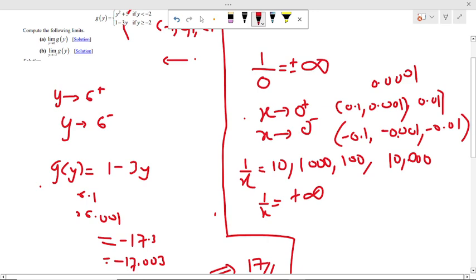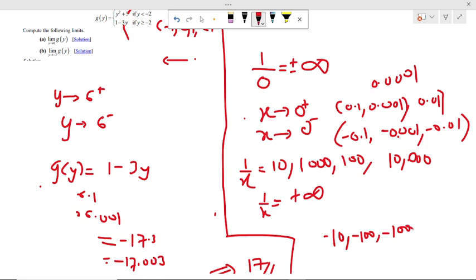So if I'm approaching from the negative, the left hand side, it's the same thing. So I put negative 0.1 at this portion. So I'm going to get negative 10, negative 100, right? Negative 1000, negative 10,000.